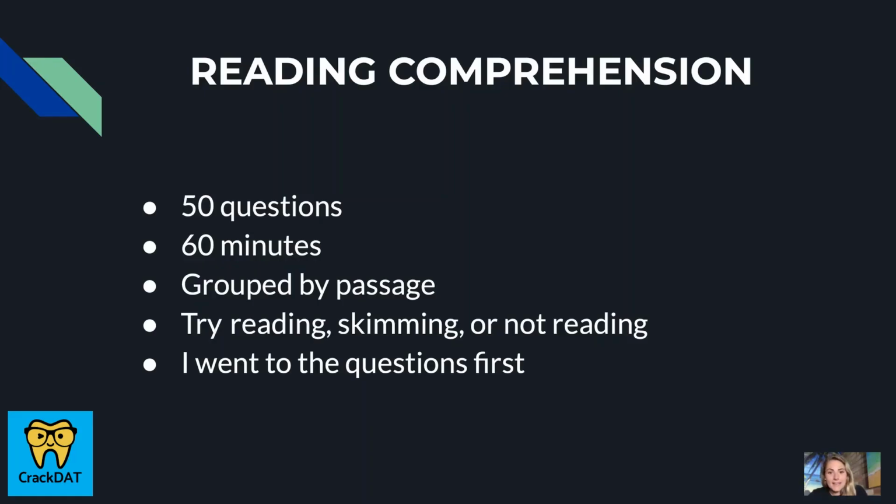That worked well, but I was still taking a lot of time, because I wasn't fully skimming. I was actually more reading than skimming. And then the last approach is not reading at all. You just go to the questions. So then I started doing that, where I would go to the question, skim to find the area in which that question would be answered, and then read.